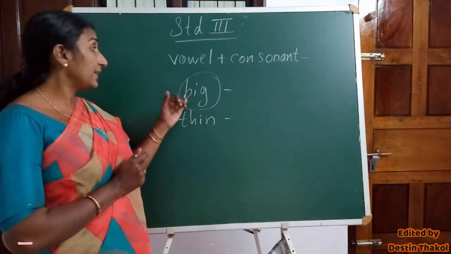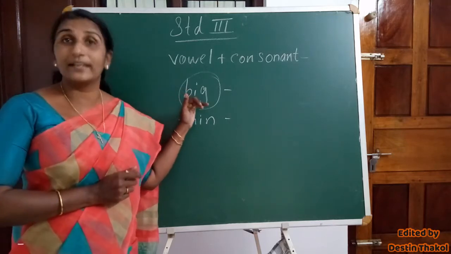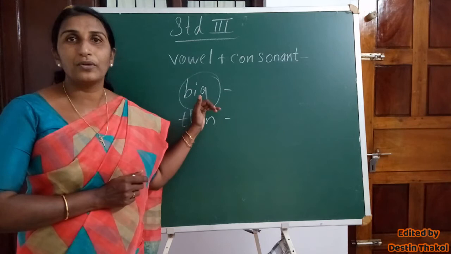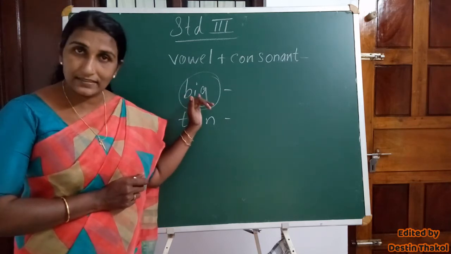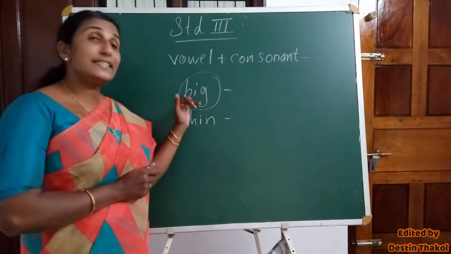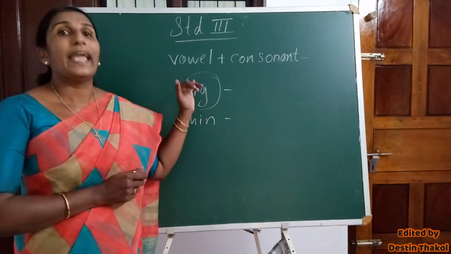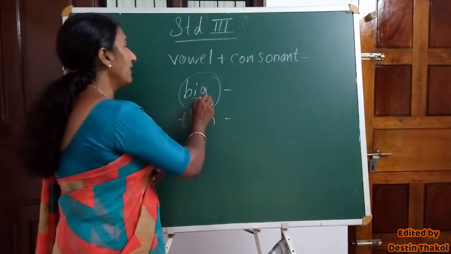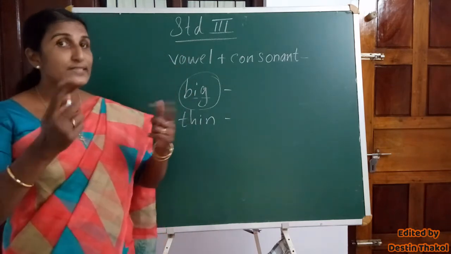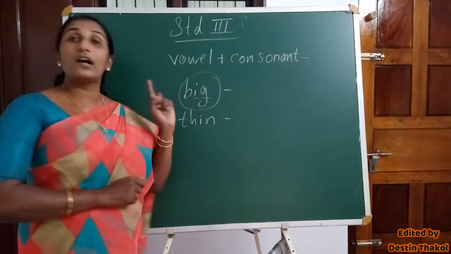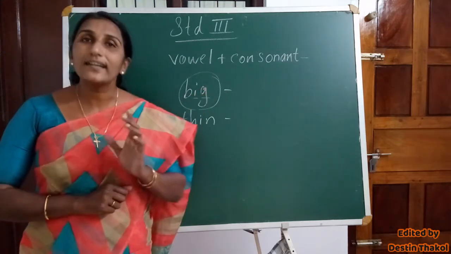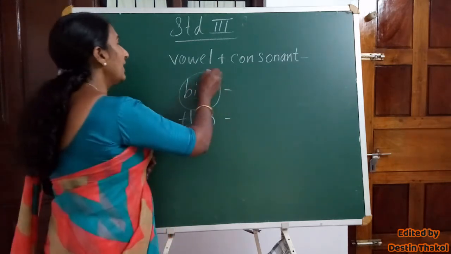This word big, B-I-G, is an adjective, no doubt. This adjective ends with a vowel and a consonant. Which is the vowel? I is the vowel and G is the consonant.